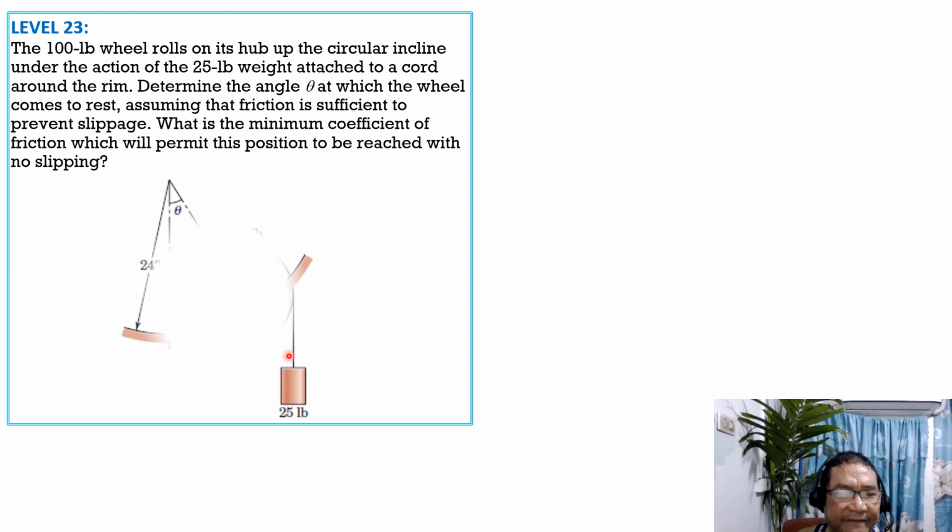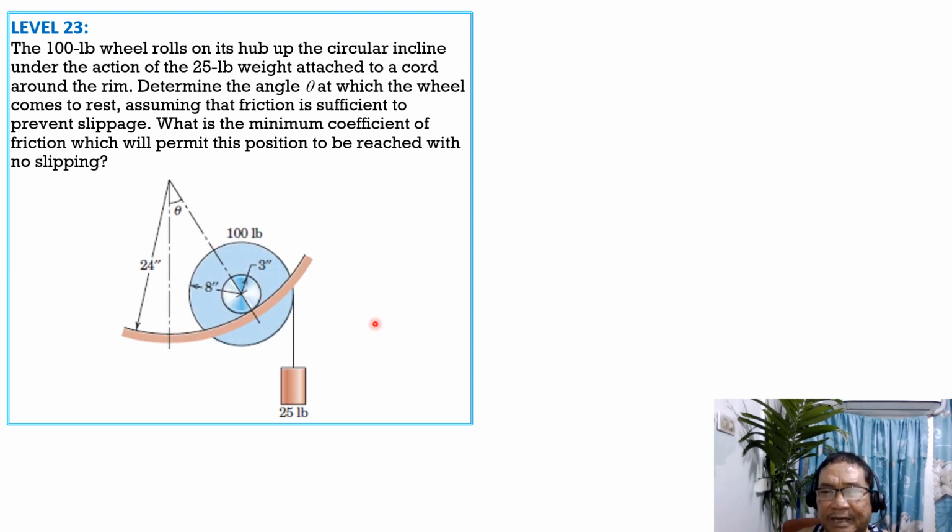So here is the given figure, and for the solution, we have to apply the weight, which is 100 pounds. Then next we have the tension here, which is 25 pounds. Then the normal reaction, let's call it N sub H. Then friction, which is up to the right, opposite to the impending sliding of this wheel.